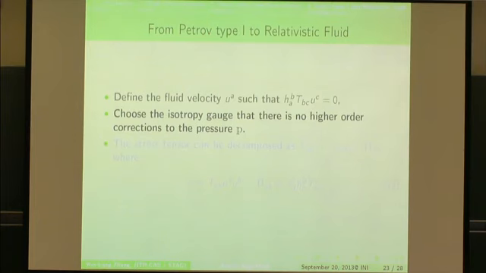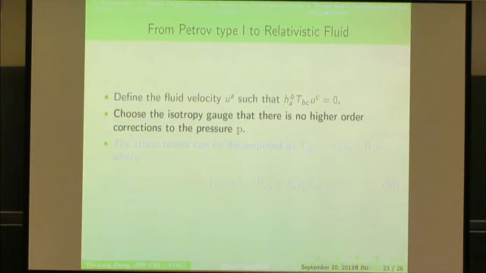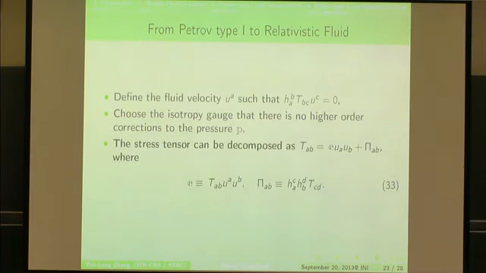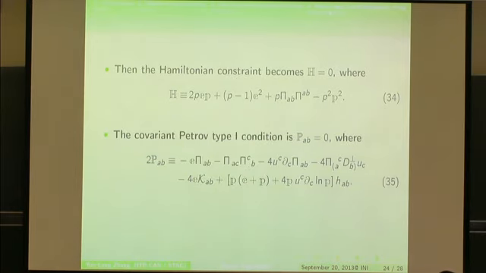So we can define a velocity through such a convention and choose the gauge of the pressure. Then the stress tensor can be expanded along the velocity and perpendicular to the velocity. For the stress tensor, we have obtained the constraints, the Hamilton constraint and the Petrov type 1 constraint.